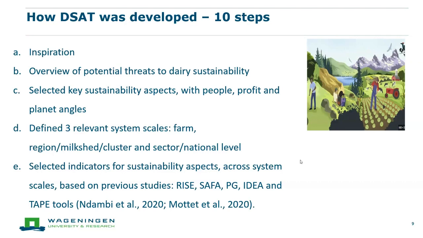Then in the third step, we selected key sustainability aspects. We looked at the people, the profit, and the planet dimensions. And in the fourth step, we defined 3 relevant systems.